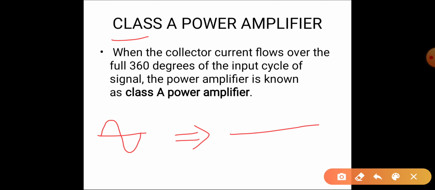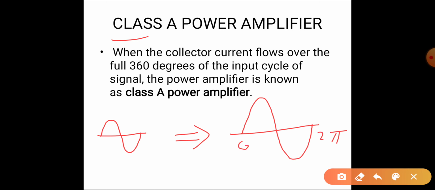We are generally pretending that this amplifier will give a 0 degree phase shift, or we are going to use 2 stages of power amplifiers, means what, 180 degrees plus 180 degrees, that is 360 degrees. So in this we will get the output for the full 360 degrees, that is 0 to 2 pi.